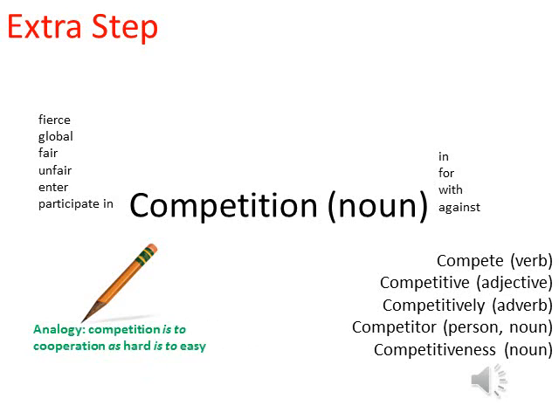In the bottom left corner, add an analogy with the target word. So write down the word analogy, add the colon, and add the analogy: competition is to cooperation, as hard is to easy. And now you're done, and I bet you know everything about this word.